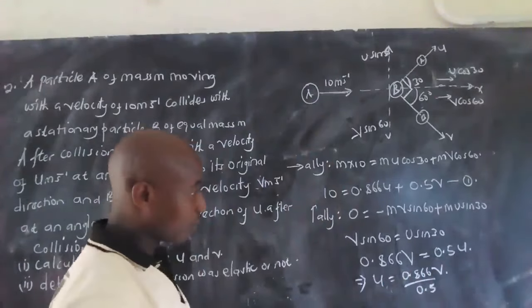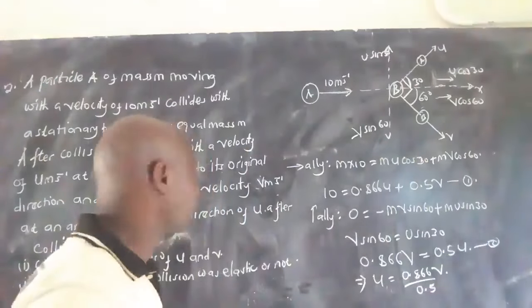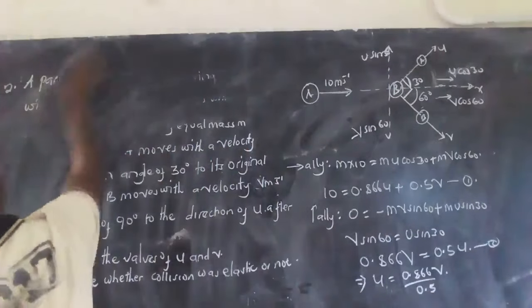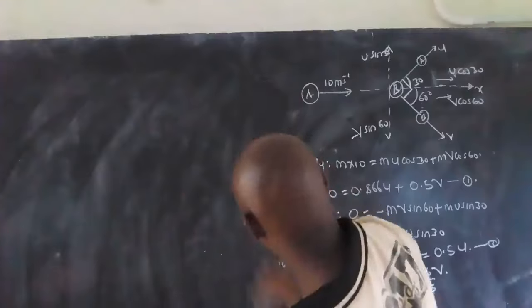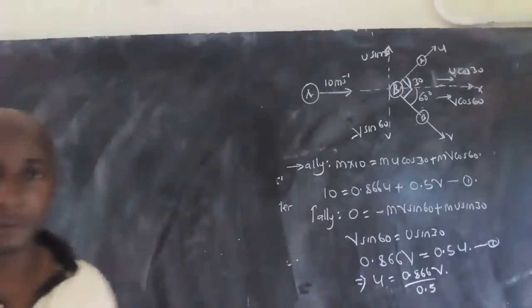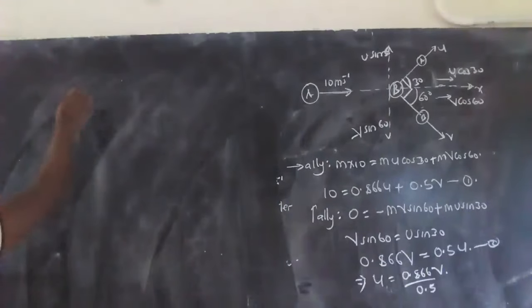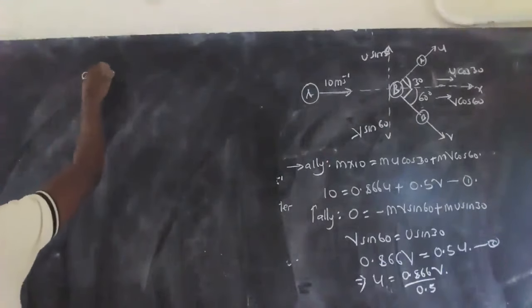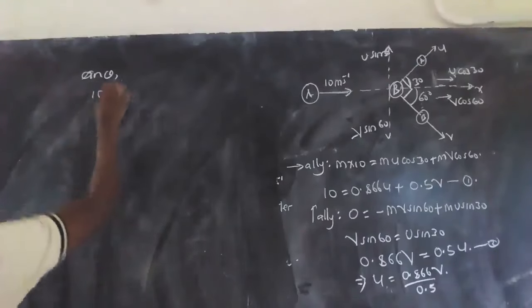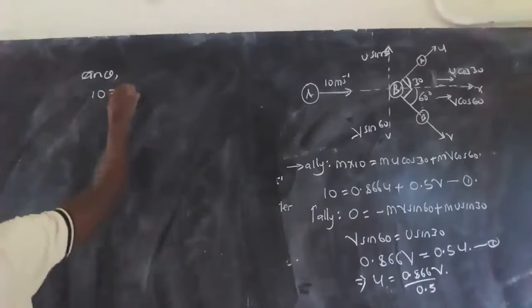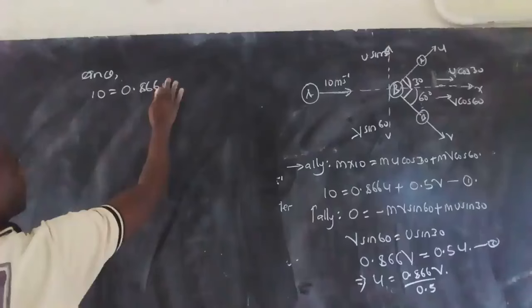Then substitute in equation 1. Equation 1 now becomes 10 equals 0.866 u, but our u we have it already.